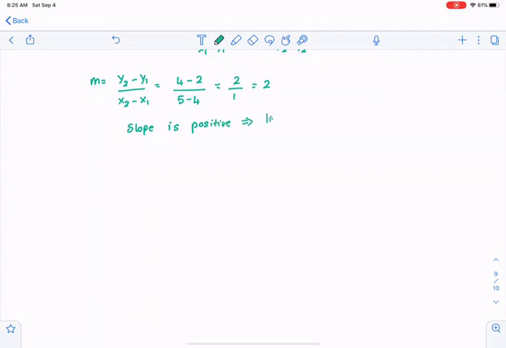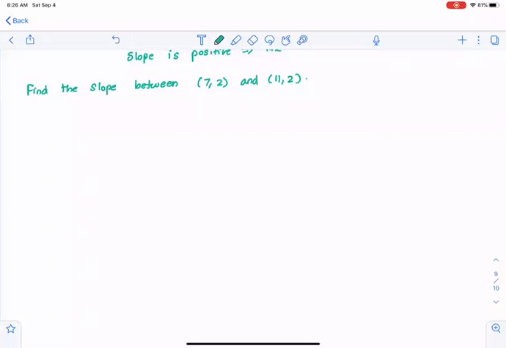so the line is increasing. The slope here is 0. Let's see how we get that 0.